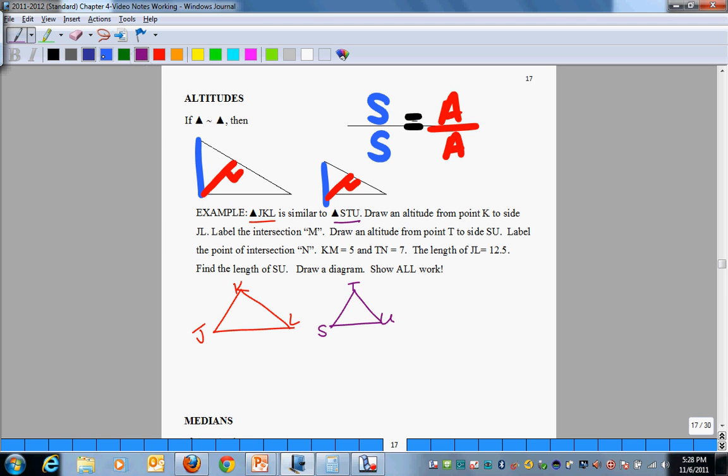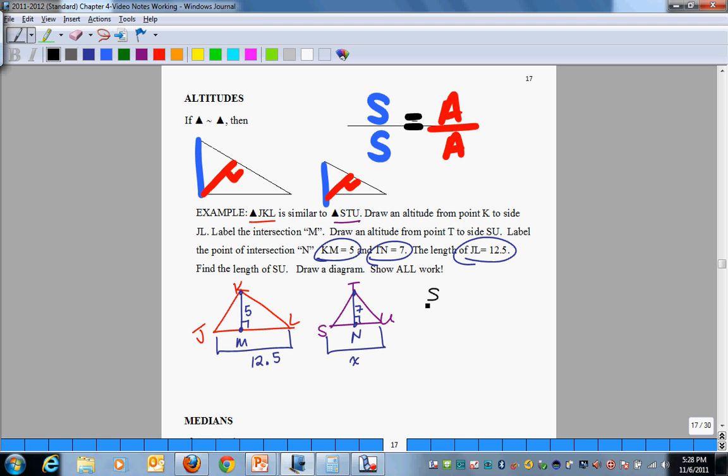We're going to draw an altitude from K to JL, and we're going to label that intersection M. We're going to draw an altitude from point T to SU. We're going to label that point of intersection N. K to M we're told is 5. T to N we're told is 7. The length of J to L, the whole side, is 12.5. Find the length of SU, which we don't know.